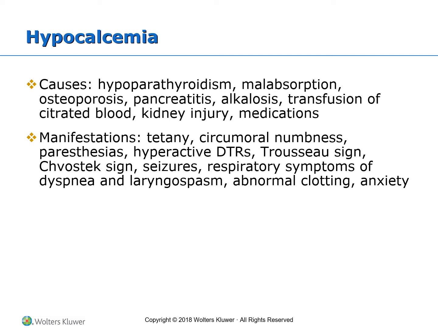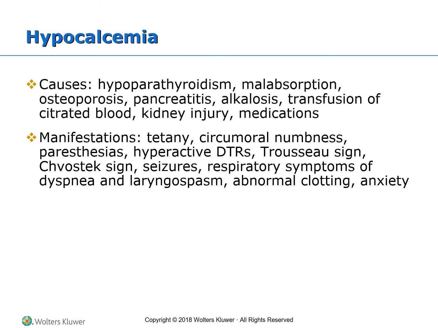And then you have the two cardinal signs of a low calcium. You have Chvostek's sign, which is twitching of the facial muscle. So you're going to take your finger, you lightly tap over the facial nerve in front of their ear, and their facial muscle will start to twitch.